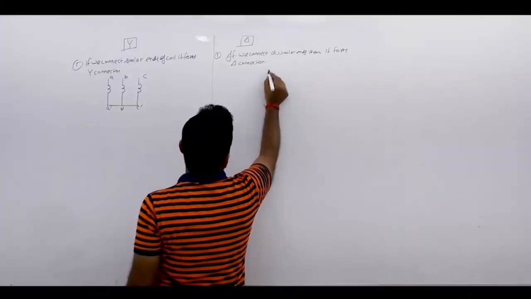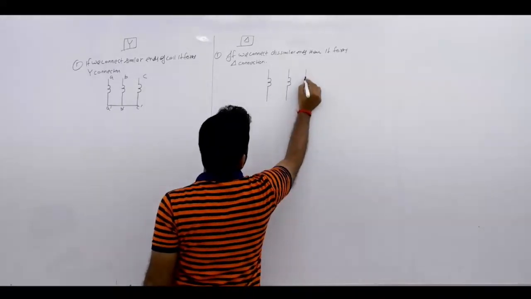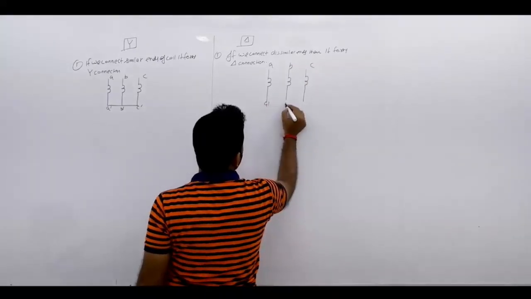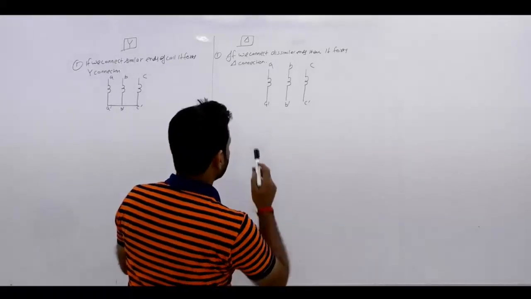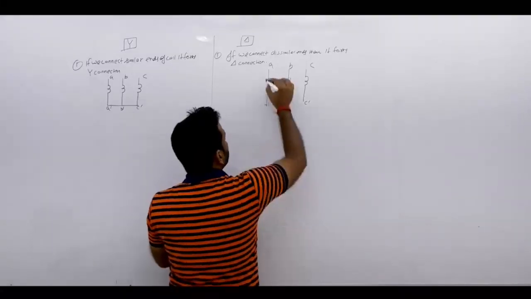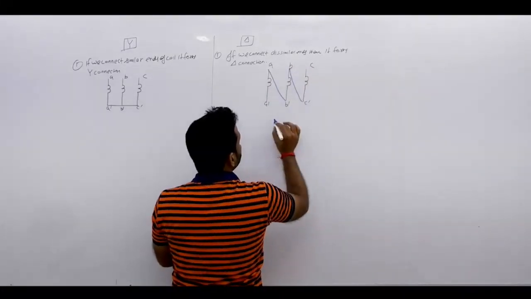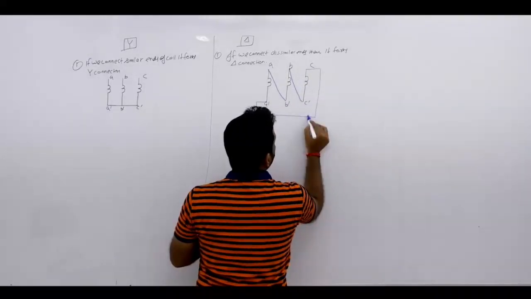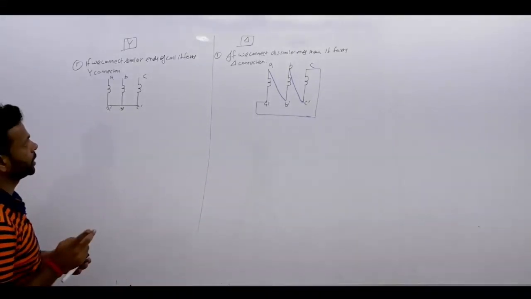If you want to take an example, let's take 3 coils: A, B, C, A dash, B dash, and C dash. If you connect dissimilar ends, either start to finish or finish to start, you will get your delta connection. And the delta is the closed connection. Start to finish, and then start to finish. So this is about your delta connection theory. This is the first point about the star versus delta.